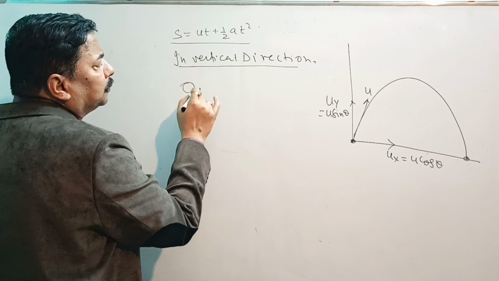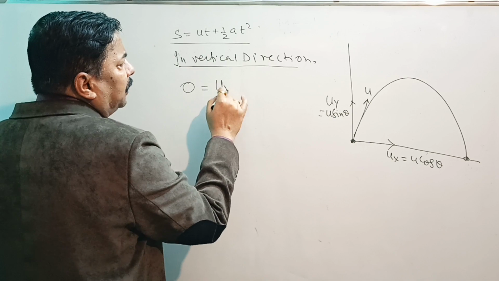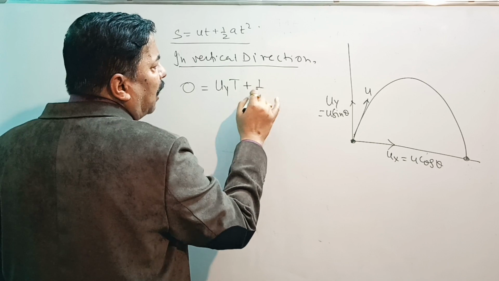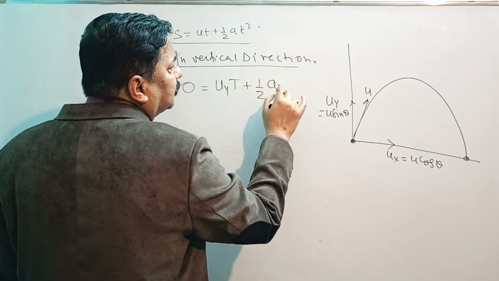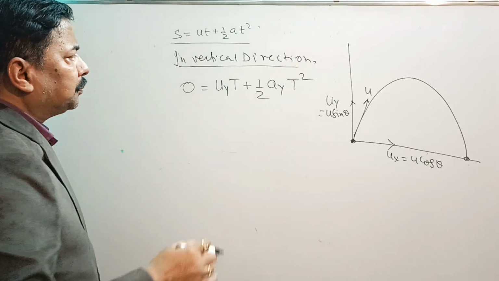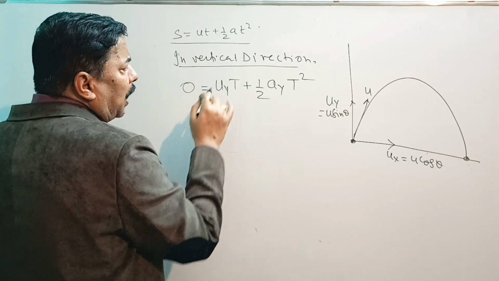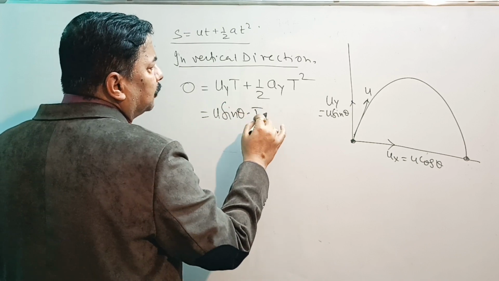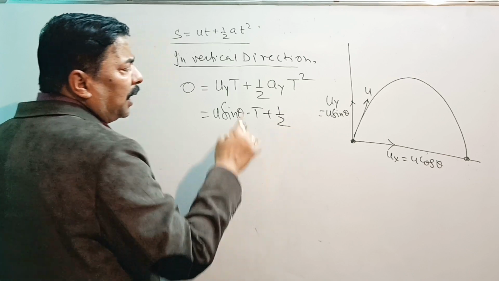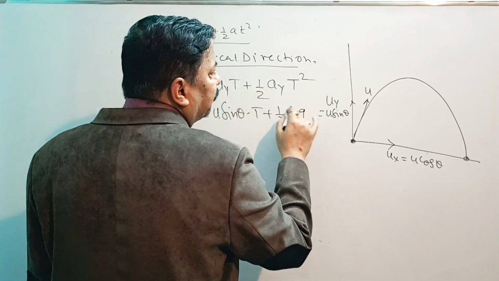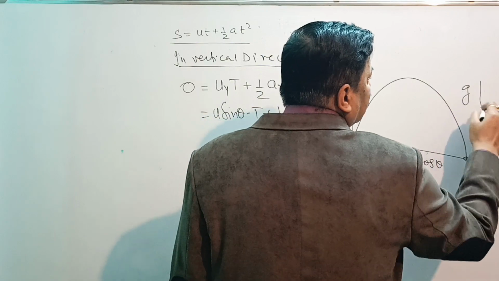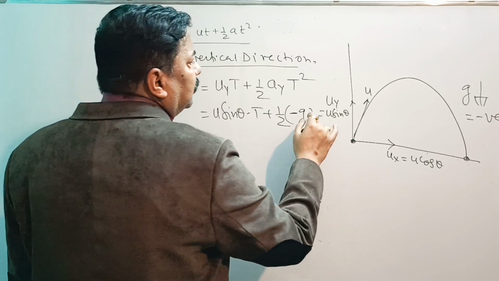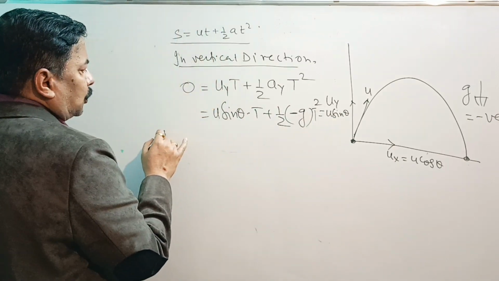So we can take 0 equals uy into time of flight, plus half ay, time of flight square. That is, u sin theta into t plus half ay, where ay is minus g. Why? G is always acting in this direction and this direction we take as negative, and then t square. So what we are getting?